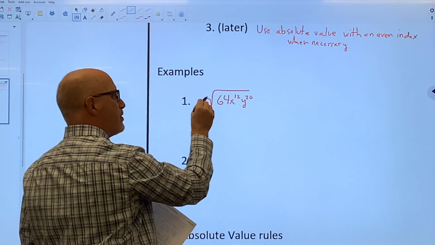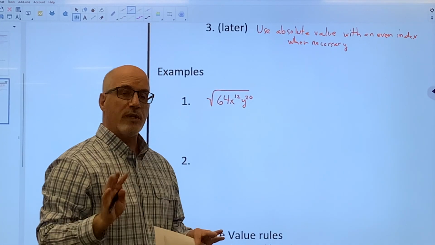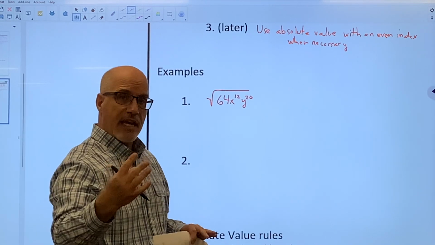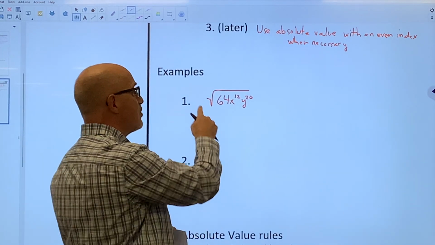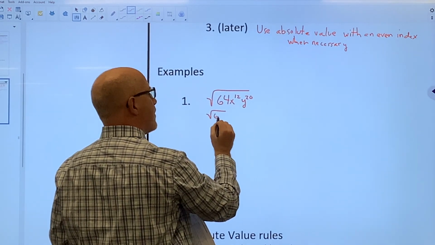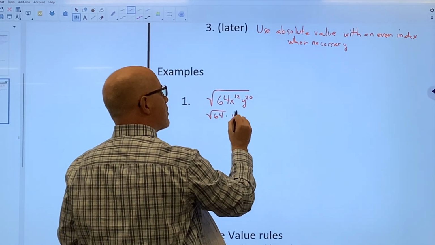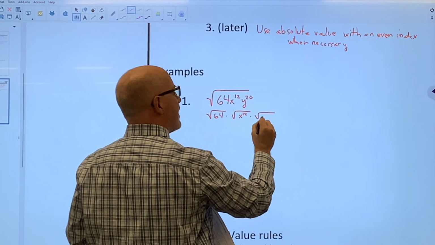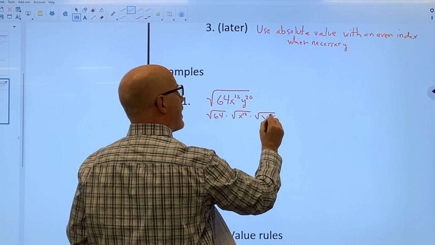Now for this one, notice again that that's implied to be a 2. When the index is not listed, the assumption is that that's a 2. So I'm going to separate it now. I'm going to make this the square root of 64, the square root of x to the 12th, and then the square root of y to the 20th power.